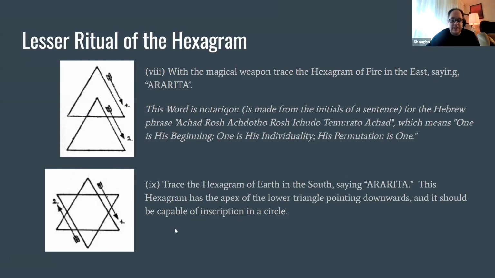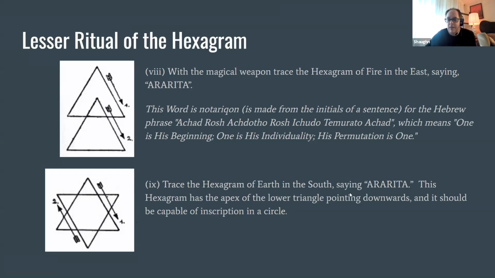Okay, so next we go to the south and we draw the hexagram of Earth, which is the traditional hexagram form, where you start with the upward pointing triangle, the right-hand side of that triangle, and draw it in a clockwise manner. And then starting at the bottom point of the second triangle, you draw to the left in a clockwise manner. And that's the hexagram of Earth.